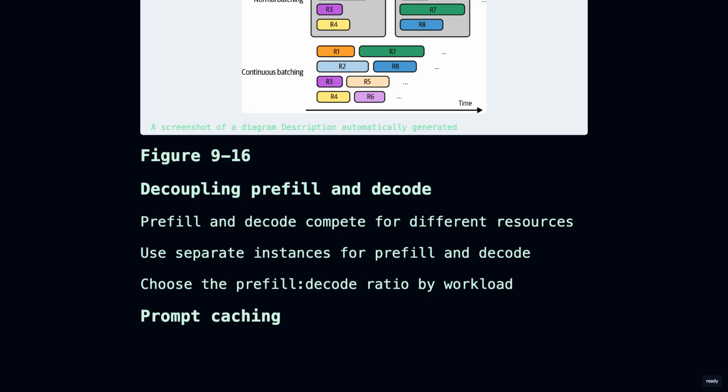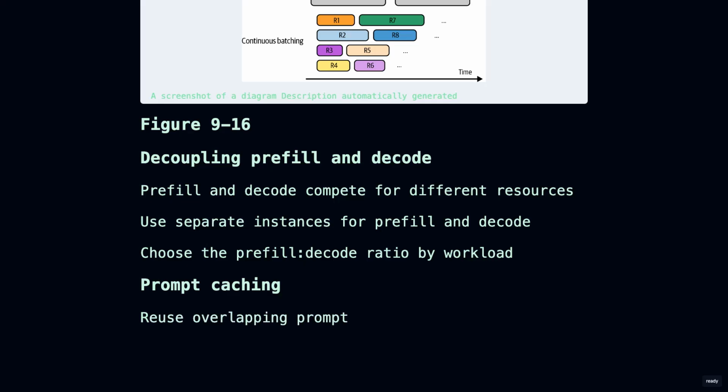Another useful optimization is prompt caching. Instead of reprocessing repeated prompt segments every time, the server stores them once and reuses the result across requests. This is especially helpful when many requests share the same system prompt or other repeated text.